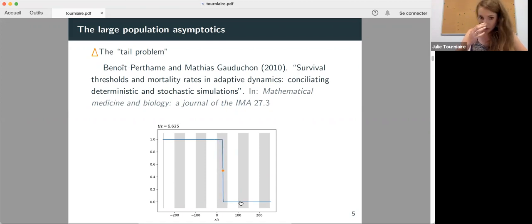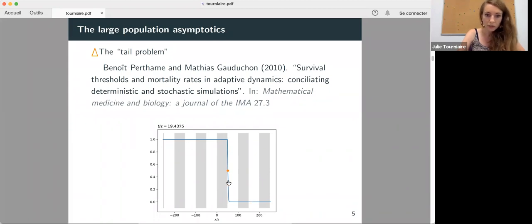And if this small population reaches a patch that is favorable, in which it can expand quickly, then you can observe a jump in the position of the invasion front. So this is illustrated in this figure.